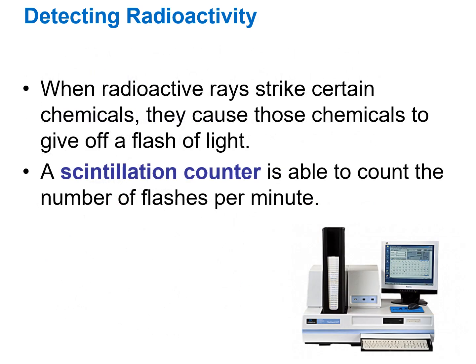And here's another way to detect radioactive radiation. When radioactive rays strike certain chemicals, these chemicals will give off flashes of light. And you can have something known as a scintillation counter that can count those flashes per minute. I looked for an image and found this one, which is kind of standard of what I was seeing with these.